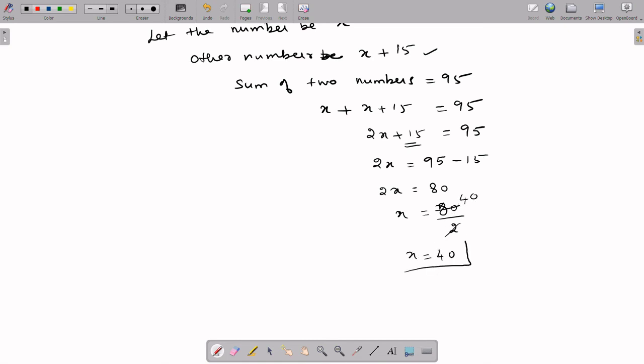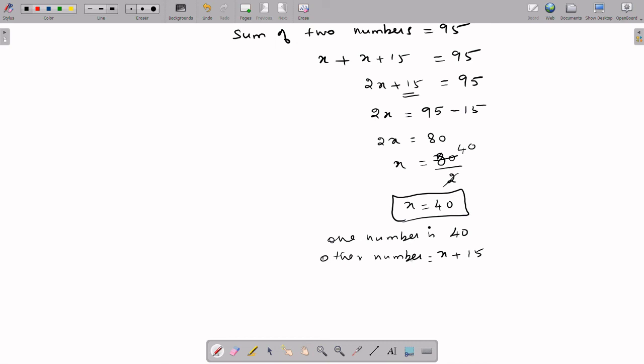So we have to find two numbers, isn't it? One number is 40, that is, x is 40. What about the other number? The other number is x plus 15, and the x value is equal to 40.